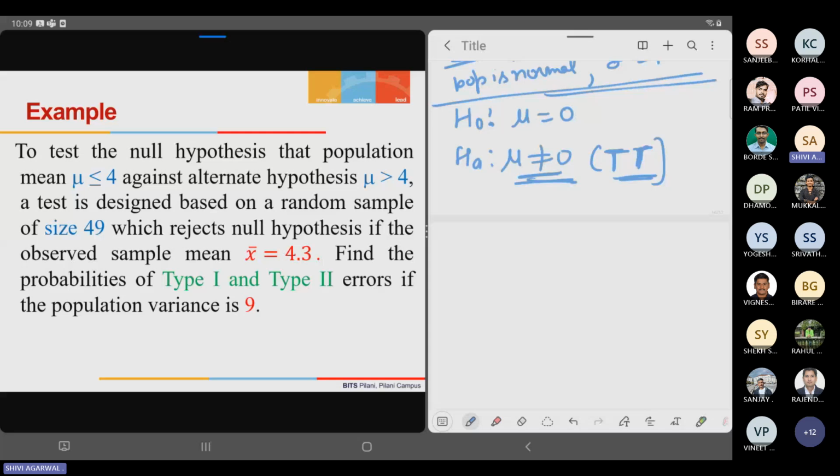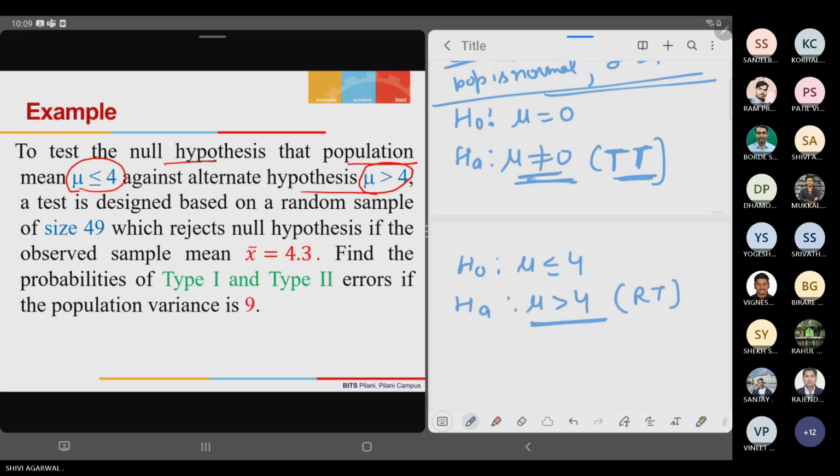Now we are doing one question. To test the null hypothesis, the population mean mu is less than or equal to 4, against the alternative hypothesis that mu is greater than 4. Mu is greater than 4 means what? It is a right-tailed problem. Correct? So the rejection region is on the right side of the graph.